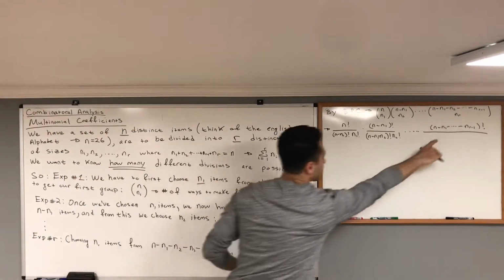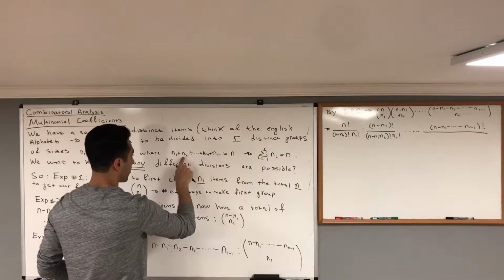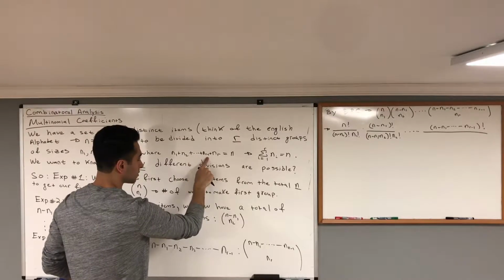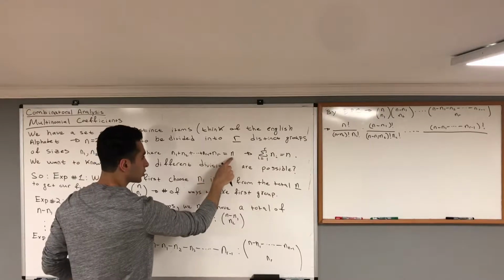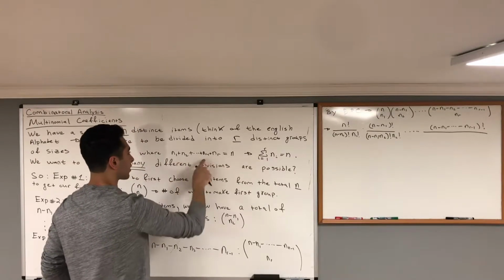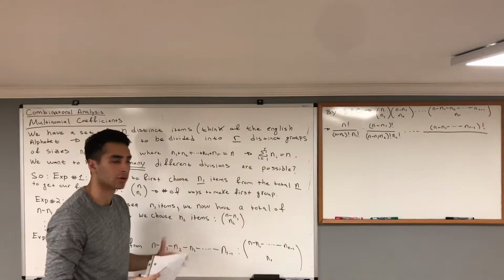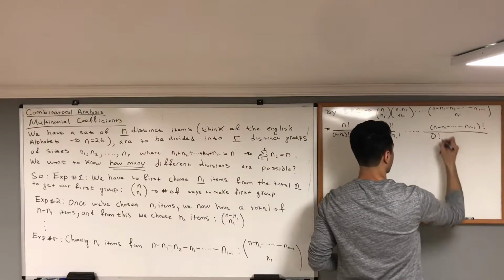So what do you have here? You have n minus this, minus that, minus n3, minus this. And then you're subtracting off this. So technically what you're doing is n minus this entire thing. Well, this is n, so n minus this is 0. So you get 0, and remember it's to the factorial.